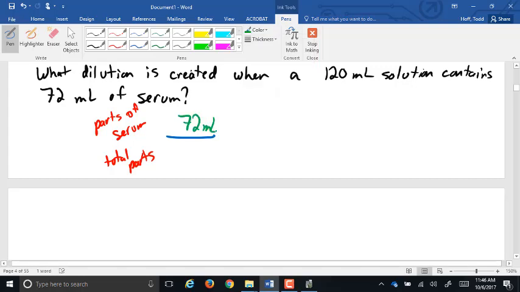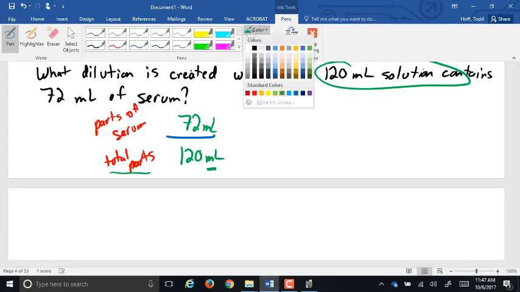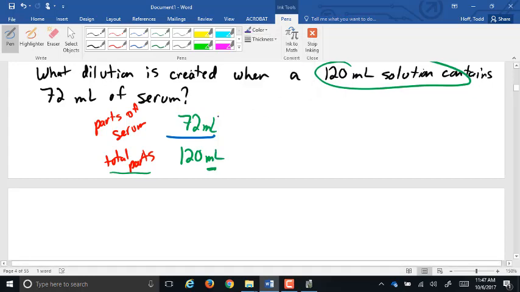72 milliliters. Now, I'd said before we don't have units in our ratios. Why would I put them in there? Because I need to make sure that I have the same units on bottom before I cancel them out. Now, the total parts has to go on bottom. Do we know the total parts here? 120 milliliter solution. That would be the total solution. Now we can divide out the milliliters.